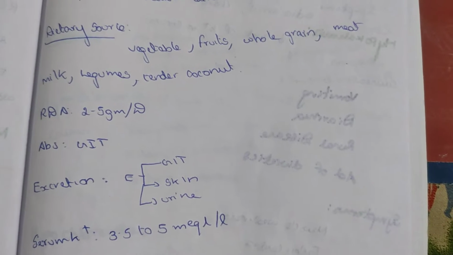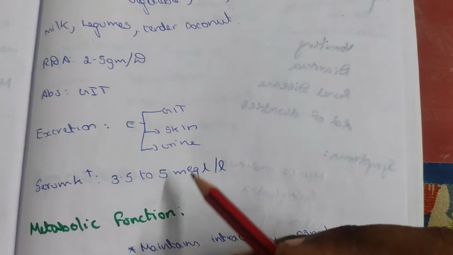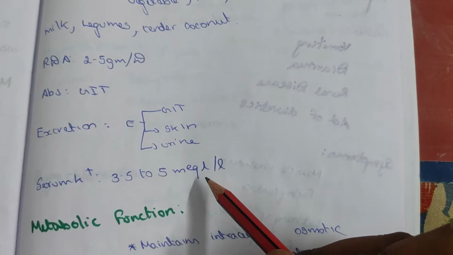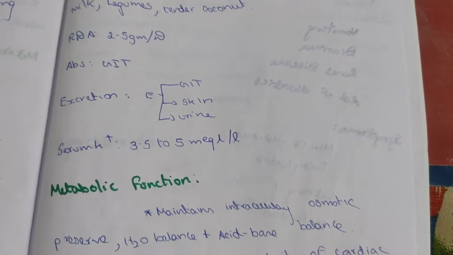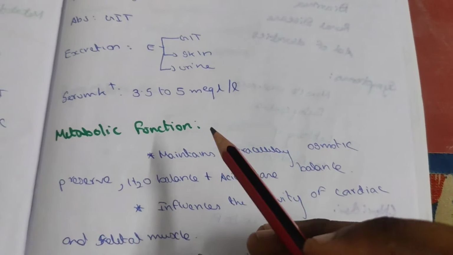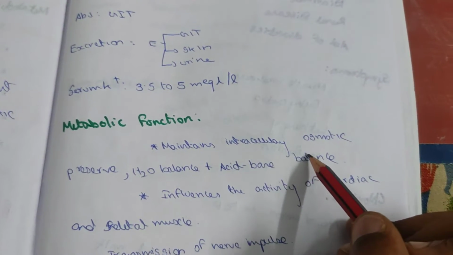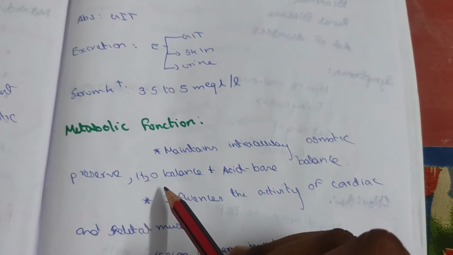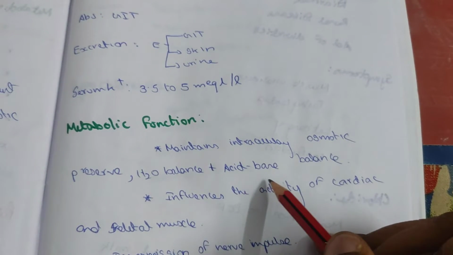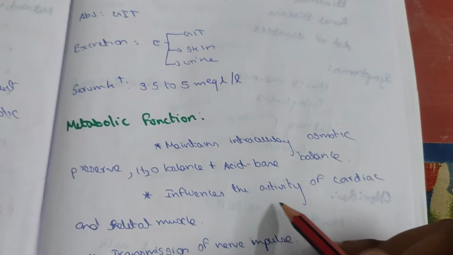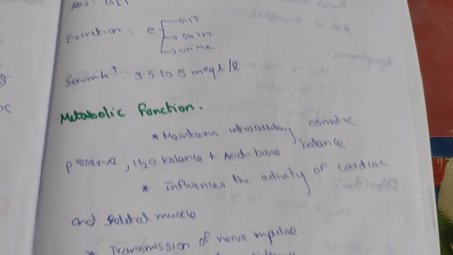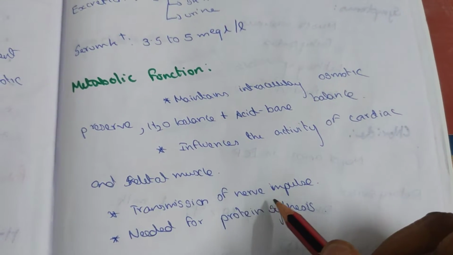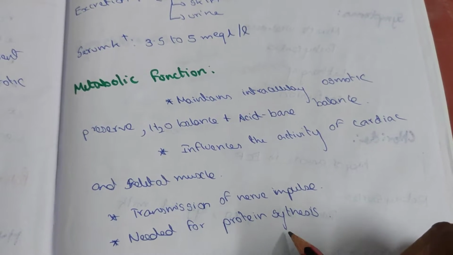The serum potassium level is 3.5 to 5 milliequivalent per liter. This is the normal potassium level. The metabolic functions: it maintains intracellular osmotic pressure, H2O balance, acid-base balance, influences the activity of cardiac and skeletal muscle, transmission of nerve impulse, and is needed for protein synthesis.